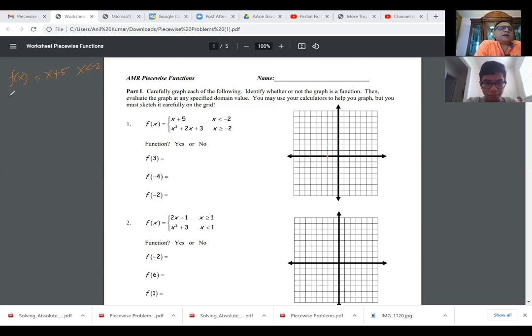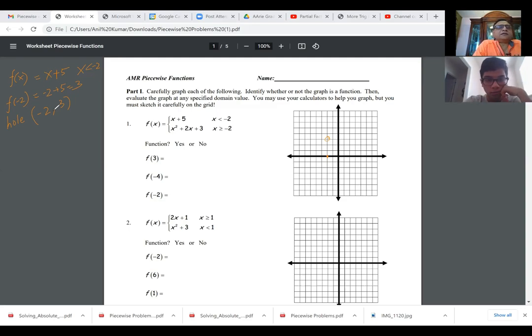So if I put f of minus 2 here, then I get minus 2 plus 5, which gives me plus 3, right? So at minus 2, I have a point which is plus 3, which will be a hole. Do you understand? So we have a hole at minus 2, 3, since this point is not included; the inequality says less than minus 2. Is that clear to you?